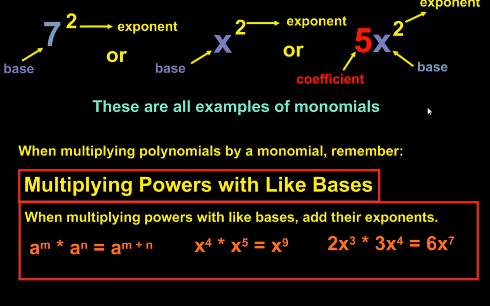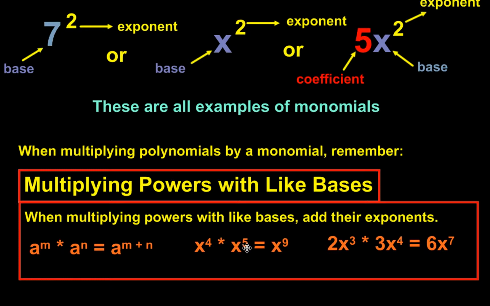When multiplying polynomials by a monomial, you need to remember that you're multiplying powers with like bases. So when multiplying powers with like bases, we add the exponents. So we have a to the m times a to the n. We keep a, and we simply add m plus n. So if you have numbers and not letters, you can actually go ahead and solve that. So we have x to the 4th times x to the 5th.